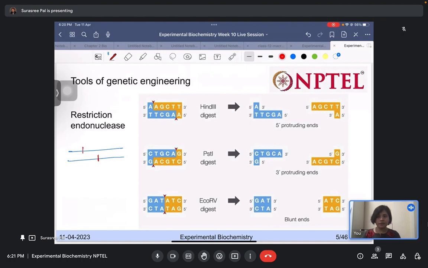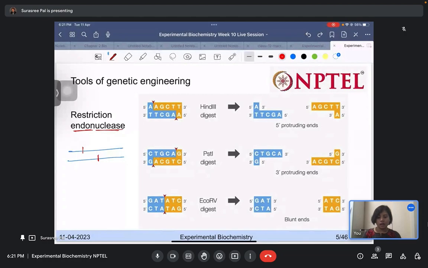And the important feature of such restriction endonucleases is that they can recognize a particular stretch or a particular set of nucleotides. So each restriction endonuclease has its unique sequence of recognition. That is called a restriction site. So if that set of nucleotides is present anywhere in the DNA, the restriction endonuclease will be able to cut at that particular sequence of DNA.